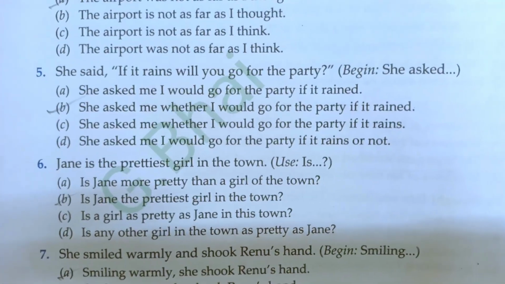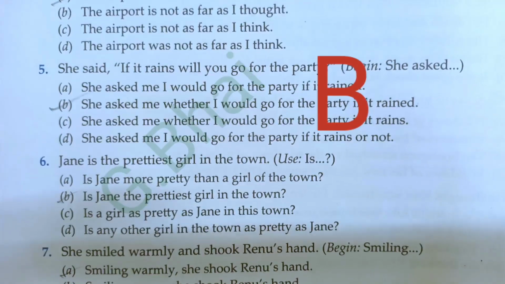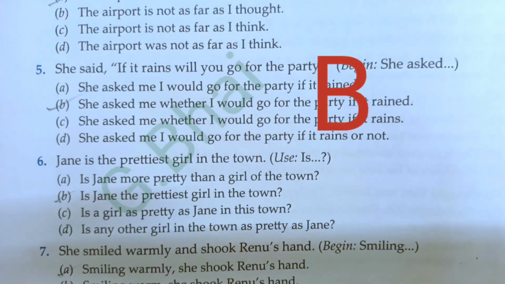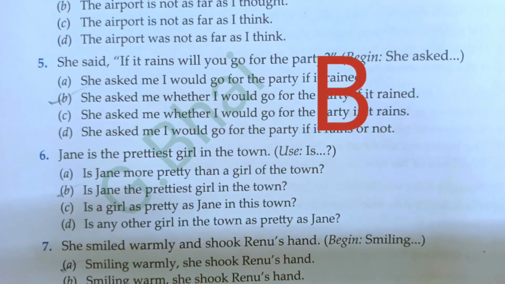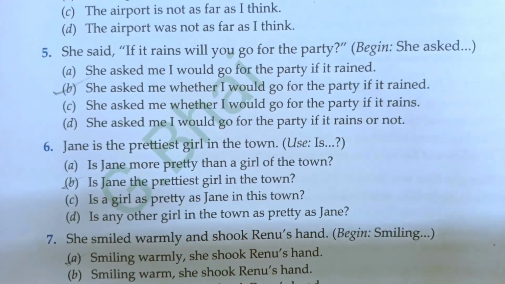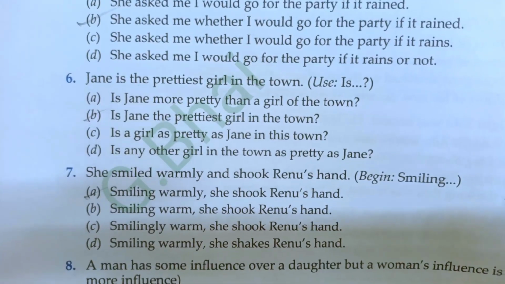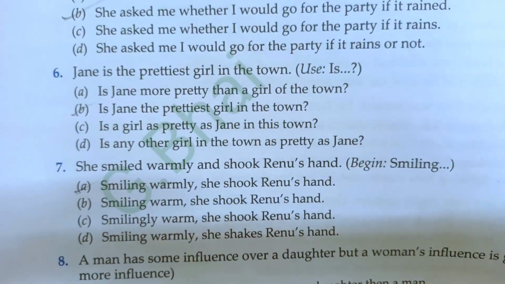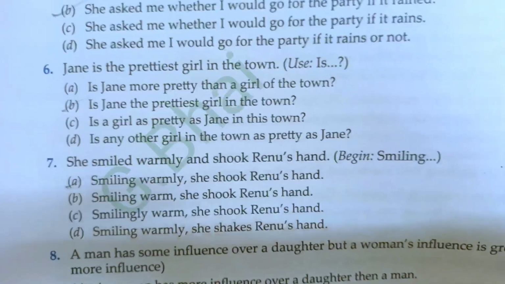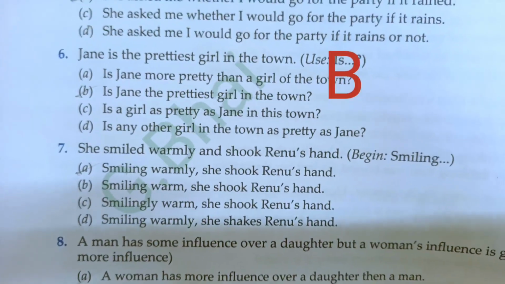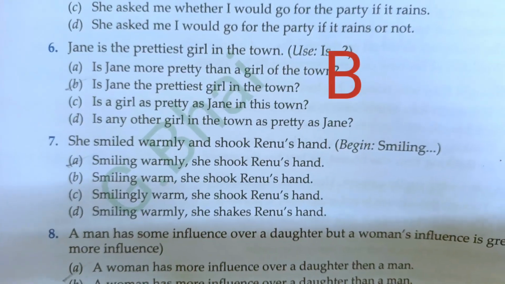So the correct option will be B. She asked me whether I would go for the party if it rained. Number 6, Jane is the prettiest girl in the town. So here you have to use is. So the correct option is B. Is Jane the prettiest girl in the town?